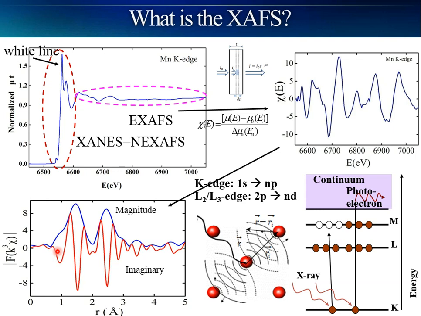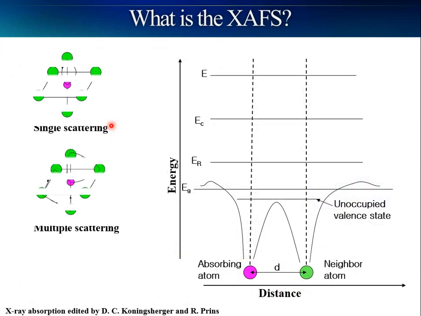Now, we have a question. I already showed this. The GANES part is here, the EXAFS part is here, but it's not clear what the critical energy is to separate GANES and EXAFS. I didn't tell you, right? So now I'd like to tell you about that. To explain the answer to the question, let us see this schematic. There are absorbing atoms here, and first neighboring atoms here at distance d.